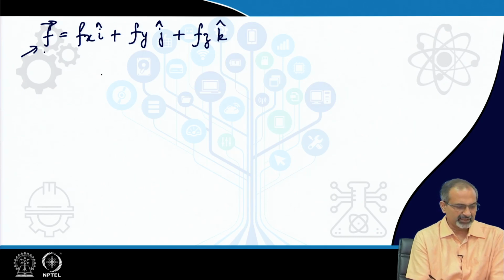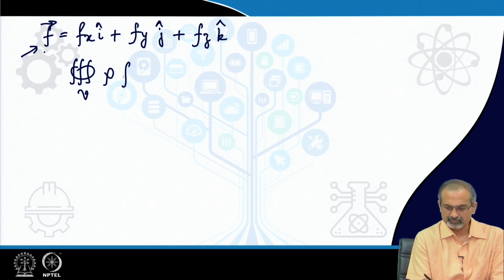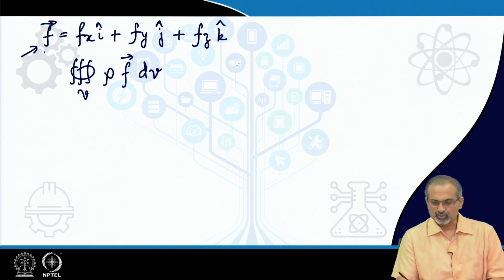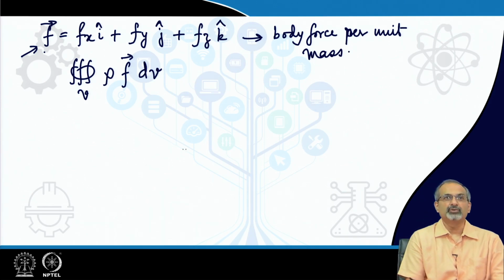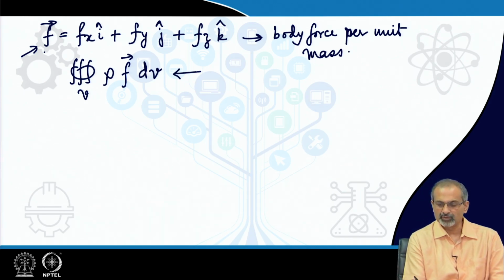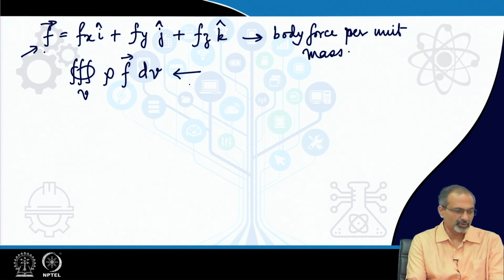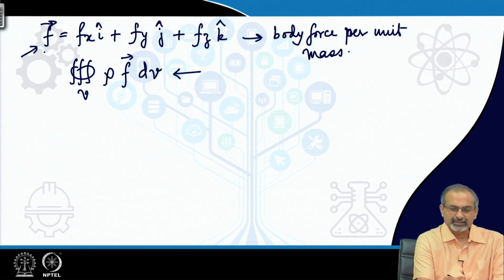So, that is the representation for the body force. So, F essentially is the body force per unit mass, and you are trying to integrate its effect over the total mass content in the control volume. That is how you would indicate the total contribution of a body force field.